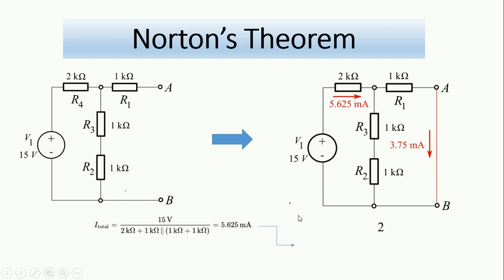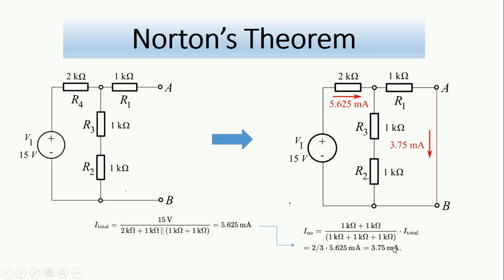Now if we apply the current divider here, we can see that the opposite branch to this short circuit is the R2 and R3, so this is the 1 kilo ohm and 1 kilo ohm, divided by the total resistance of the two branches. So the first branch has a resistance of 1 kilo ohm here, the short circuit, and here 1 kilo ohm and 1 kilo ohm, so 1 and 1 and 1, multiplied by the I total.